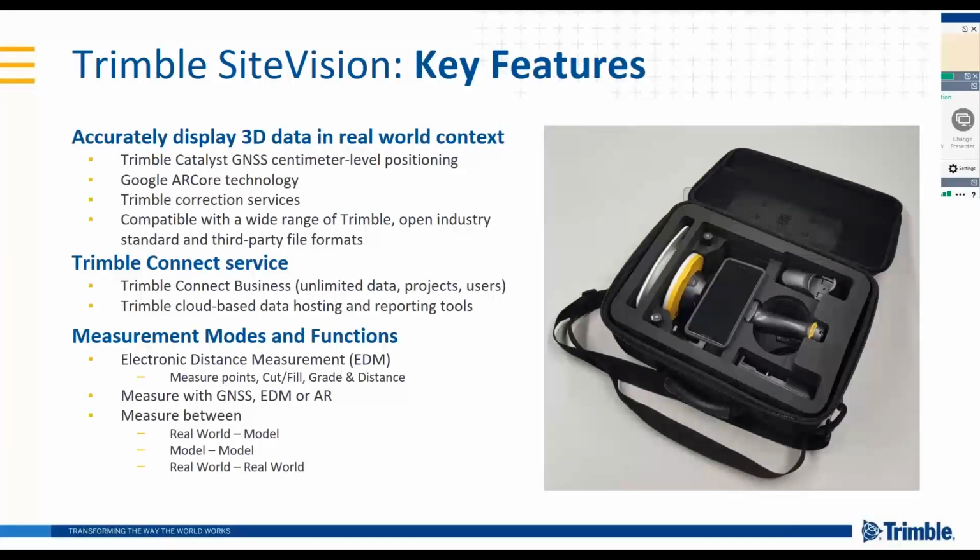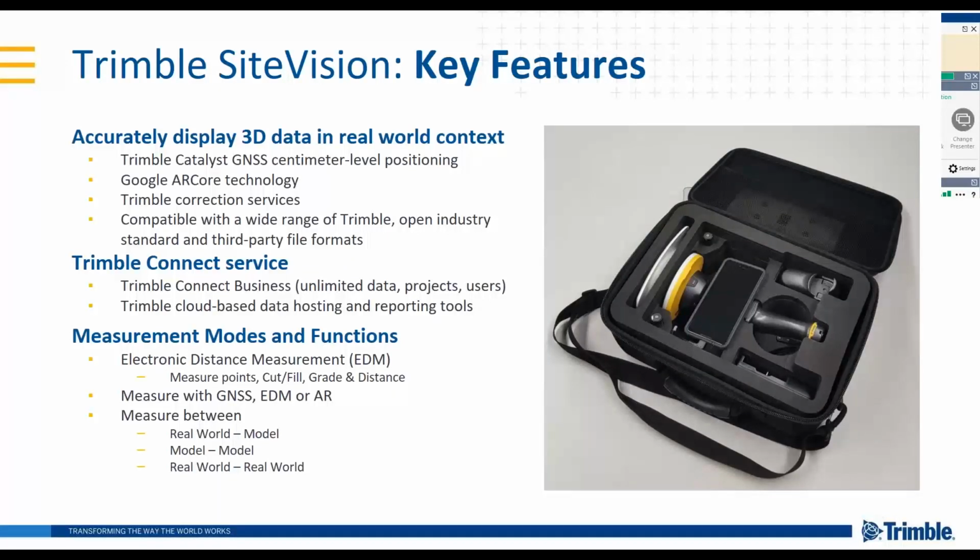In terms of the SiteVision key features, going back to that hardware and software side, we're using our Trimble Catalyst GNSS engine. This is our software GNSS engine that we have built into the SiteVision app. So basically, the SiteVision app will contain an RTK receiver, and it's then connected to the Catalyst antenna.